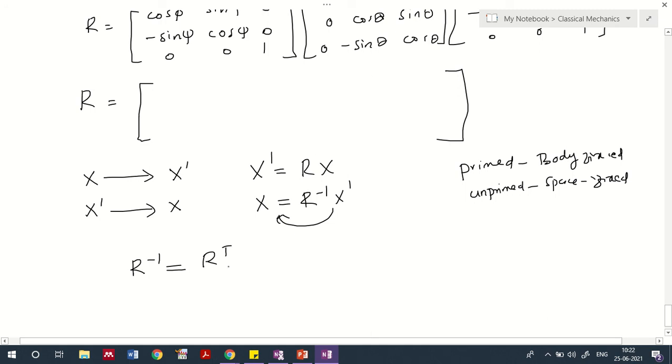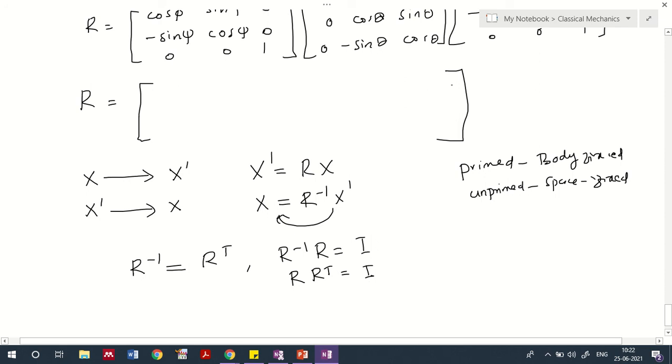That means you can say that R inverse R equals a unitary matrix, or rather R into R transpose gives a unitary matrix.